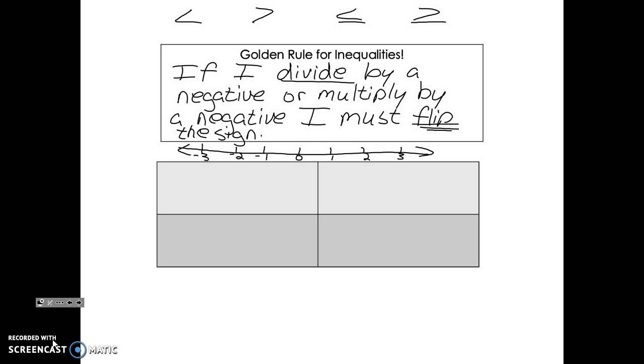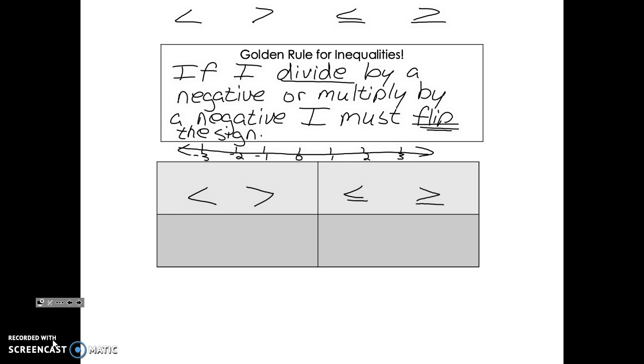So today when we graph a number line, we're basically going to be doing two things. The two things we're going to be looking at is our signs, okay, less than and greater than. And then we'll also be looking at less than or equal to or greater than or equal to.